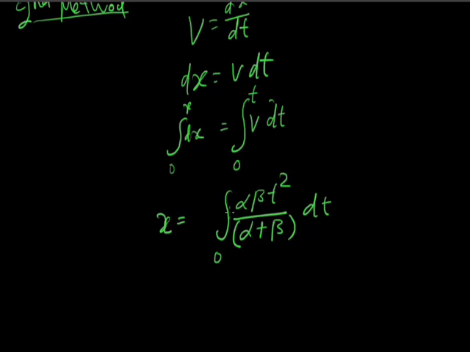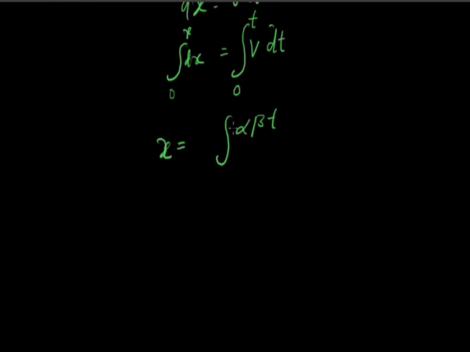So put the value of v here: alpha beta t upon alpha plus beta dt from 0 to t.